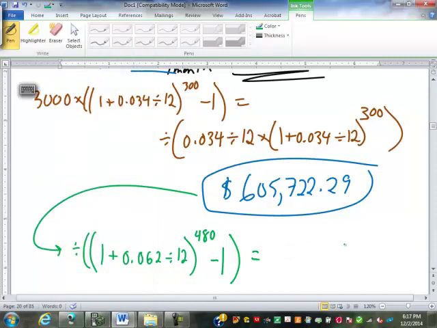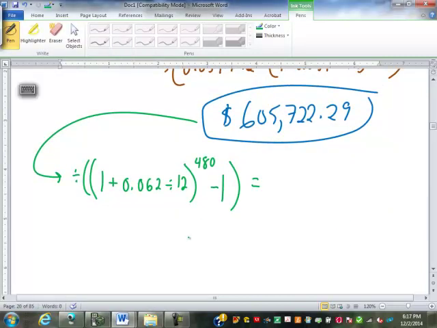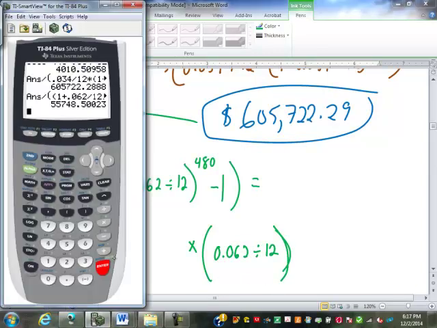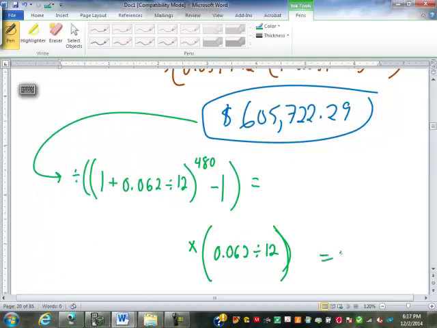So now from there, we do times 0.062 divided by 12, close parentheses, times, parentheses, 0.062 divided by 12, close parentheses. $288.03.